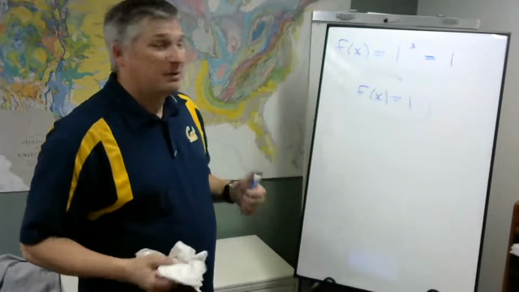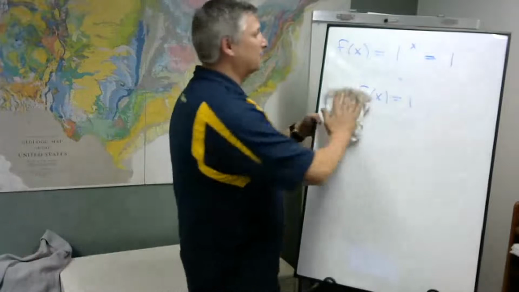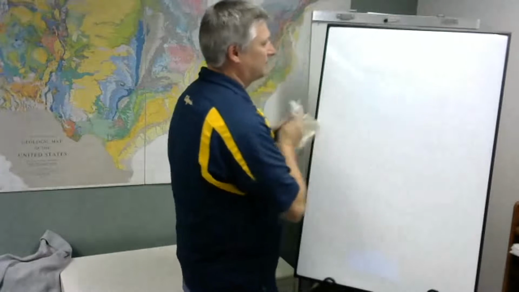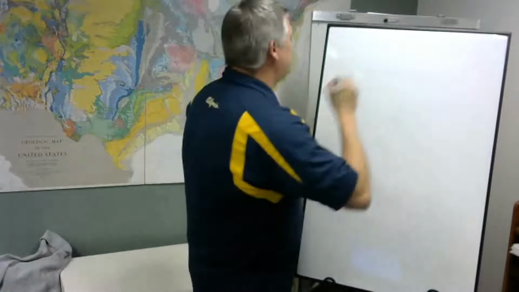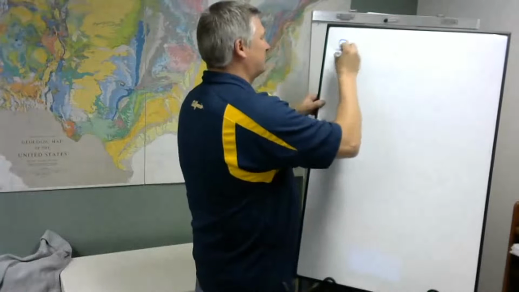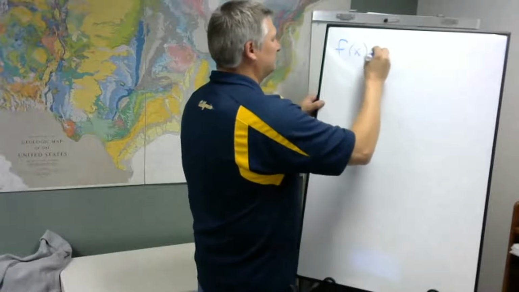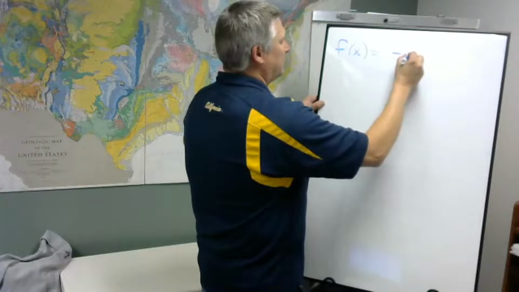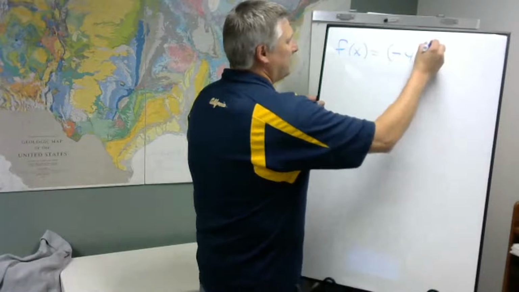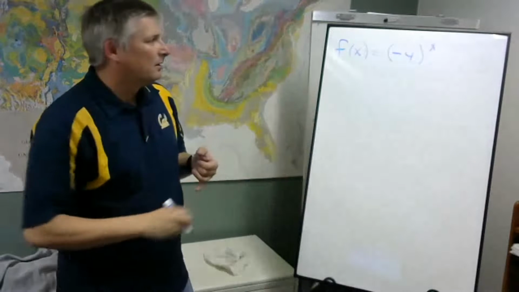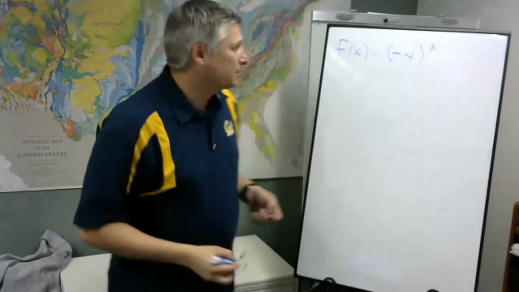But what about the base being negative, less than 0? Let's say we have f of x equals -4 to the x. Well, there aren't any problems for x equals 0.